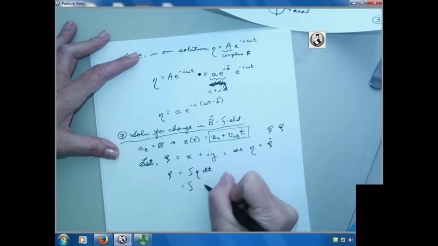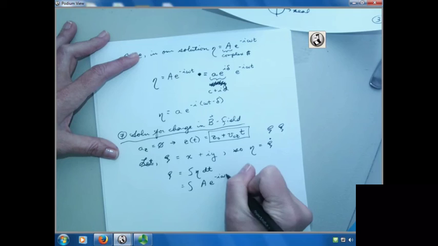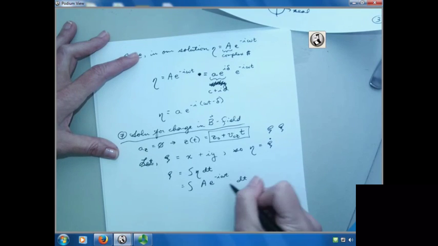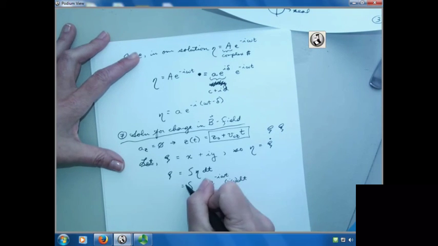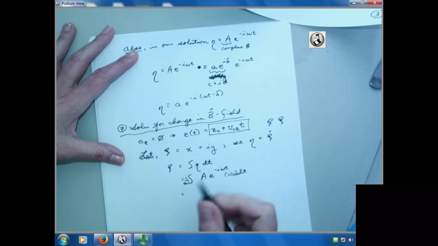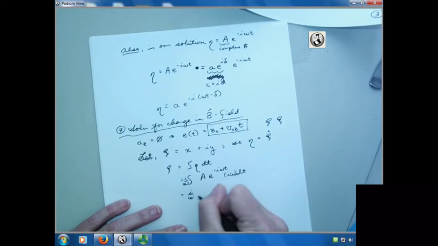The integral of a e to the minus i omega t dt. To get my Jacobian right, I have to multiply by minus i omega, so I'm going to have an i over omega out front. And I've got i over omega times a.